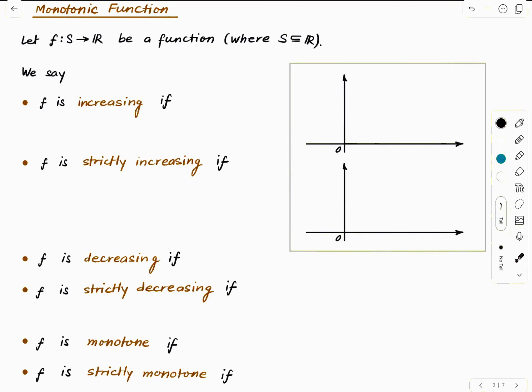Here, of course, when we draw a graph, we can only draw it when S is a nice set, but the definition does not demand any niceness on S. So the most formal way of expressing it is the following.